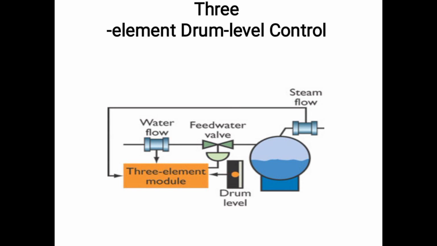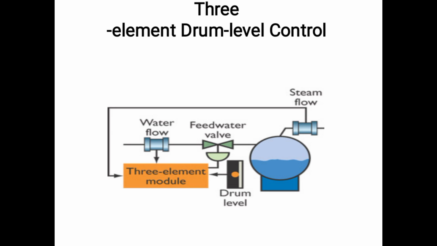Third one is the three element level control. In three elements, there is a level transmitter, a steam flow transmitter, and third one is a water flow transmitter. All three elements give signals to a controller, and the controller finally generates a signal to the control valve, which increases or decreases flow of water in the drum.